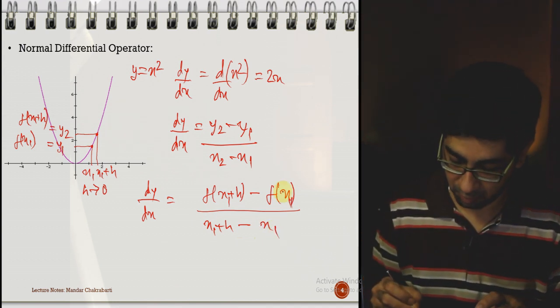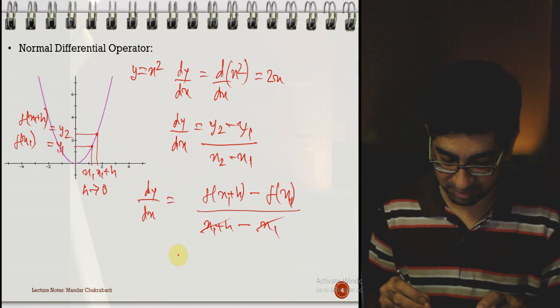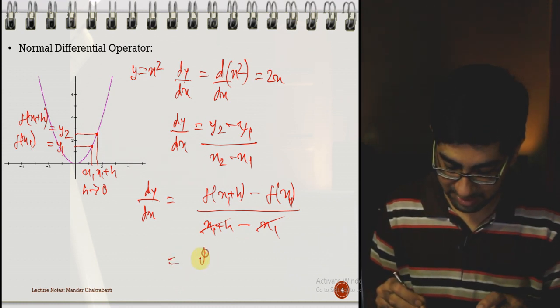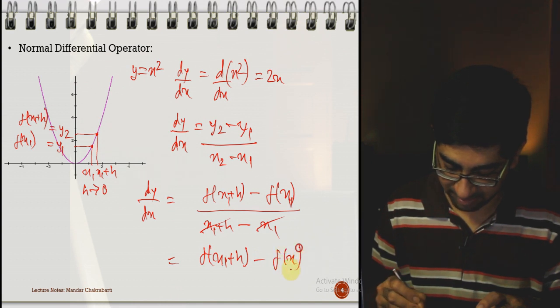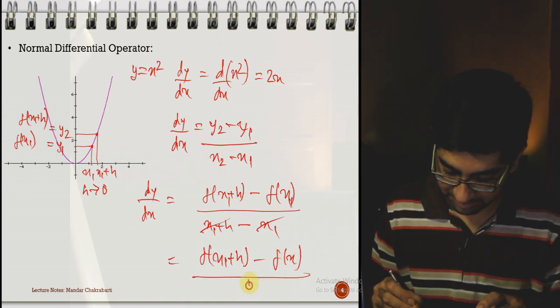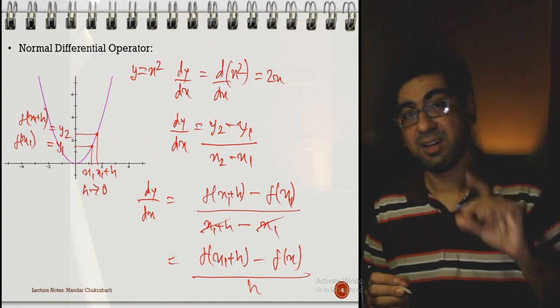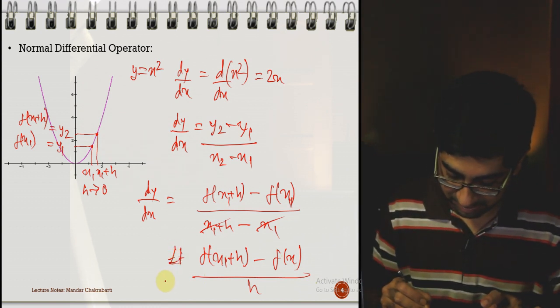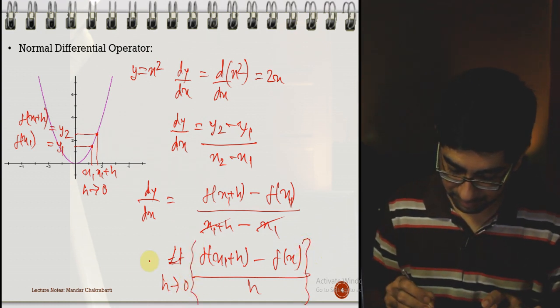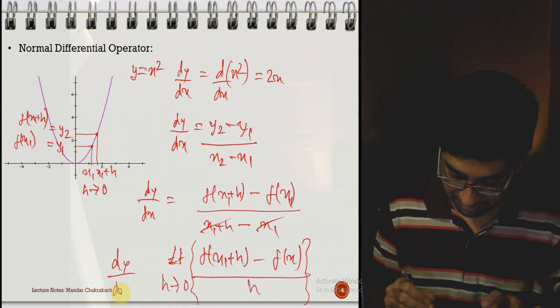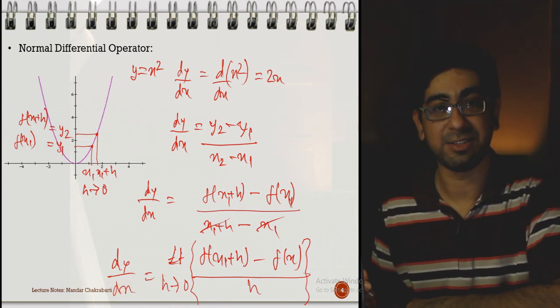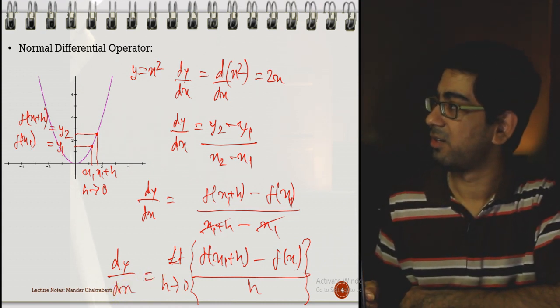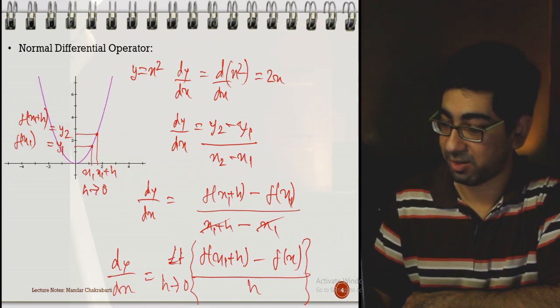Okay, so outright x1 cancels out and I'm left with f of x1 plus h minus f of x1 by h, with one consideration, limit h tends to 0. This is dy dx. Okay, I need a fresh page to work.